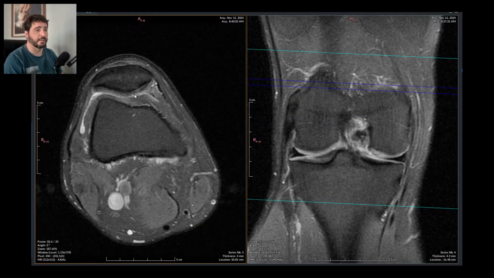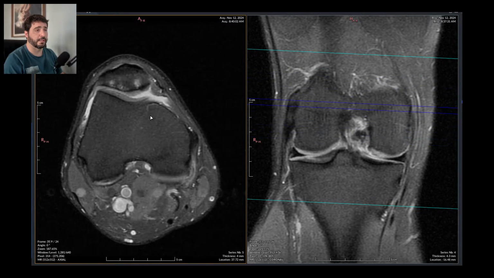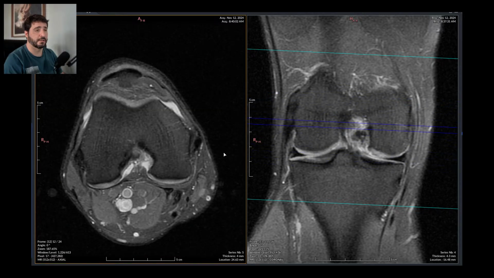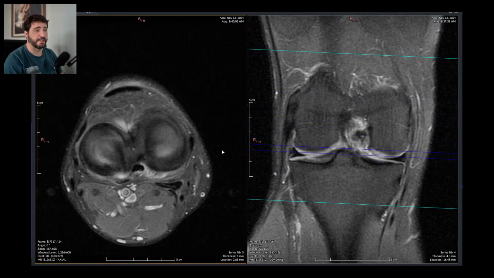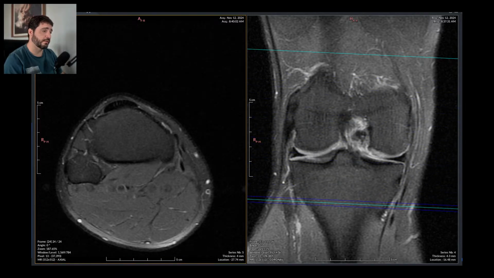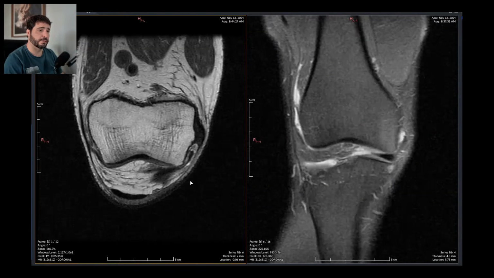So there are deep erosions on the cartilage of both the femoral trochlea and the patella. There is subchondral edema, also osteophytes, and decreased articular joint spaces, narrowed joint spaces, which are the plain old description of arthrosis.